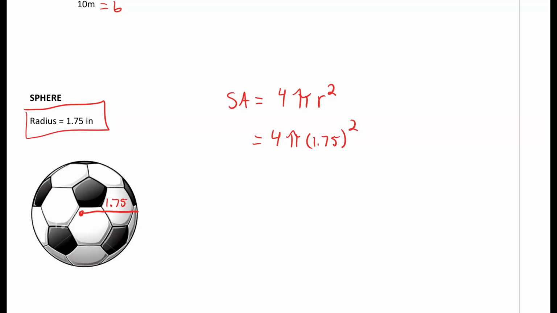So the only thing you need to know for a sphere to calculate the surface area is the radius. When we put this all into the calculator together, what we're going to end up with is 38.5 inches squared. And this, again, is our formula for a sphere. So all you need to know is the radius for this.